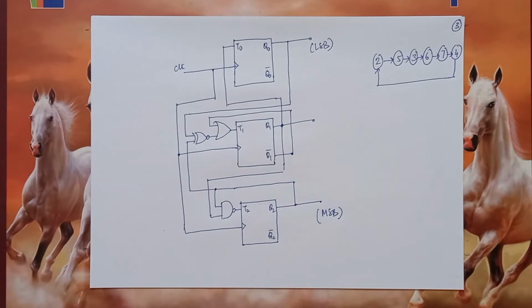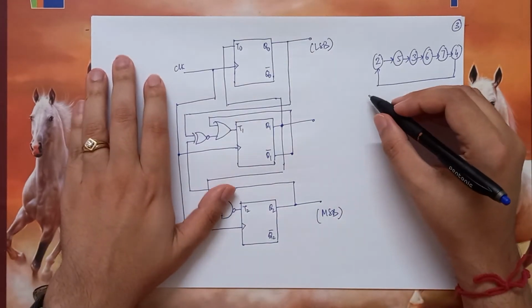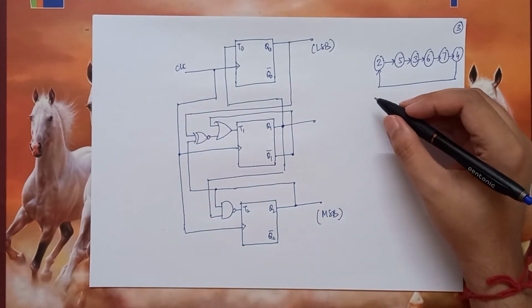This is the sequence. So what is unused is 0 and 1.